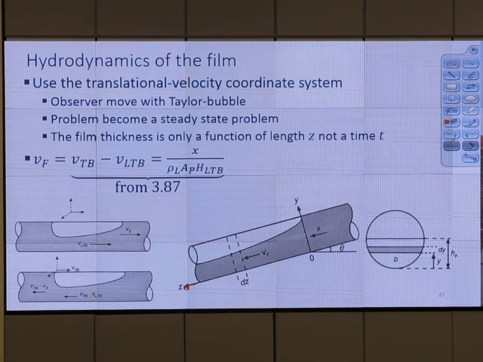So the gravity term is this one, right? And theta is that. So G sine theta is that. And this time G sine theta is in the same direction as z. So it is positive. Previously it's negative, right? But on this coordinate system it is positive. Okay? Write the picture correctly, okay?